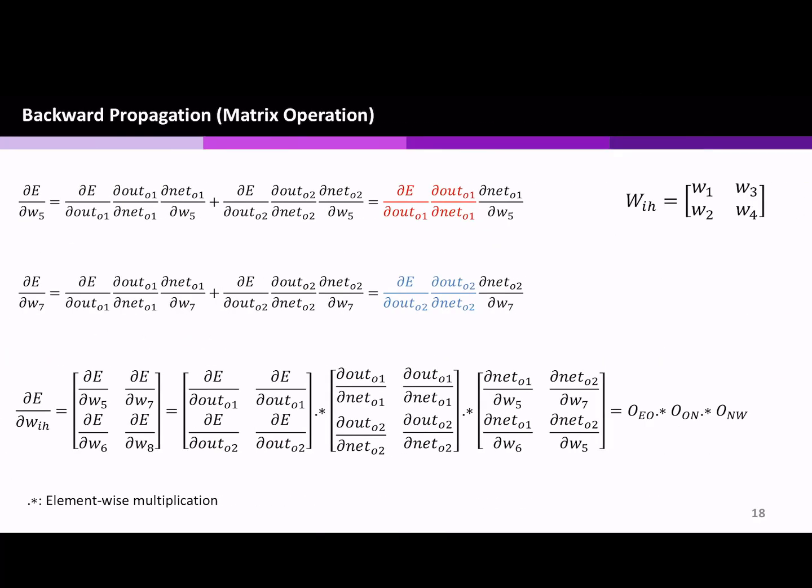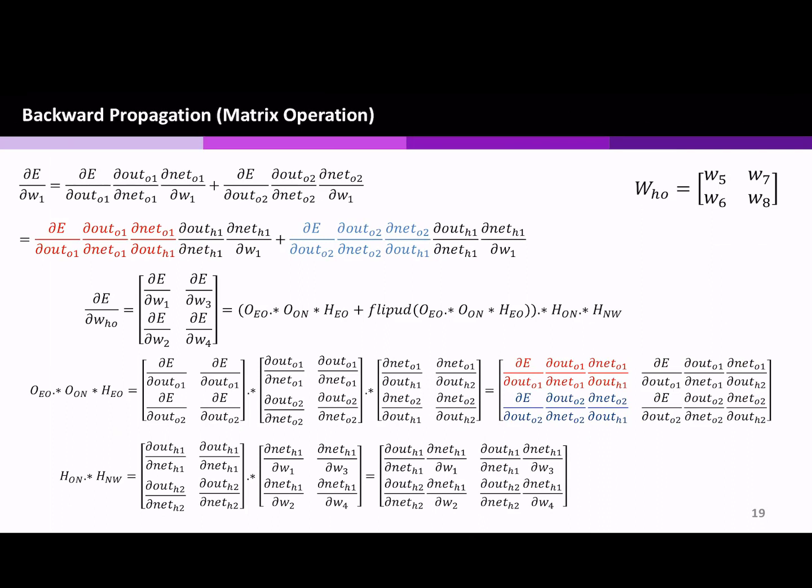For instance, here's the partial derivative of the cost function with respect to W5, which can be computed simply as an element-wise multiplication of the 3 matrices. If you do this process, you can get all these values. Similarly, you can find W1 to W4 using this operation.